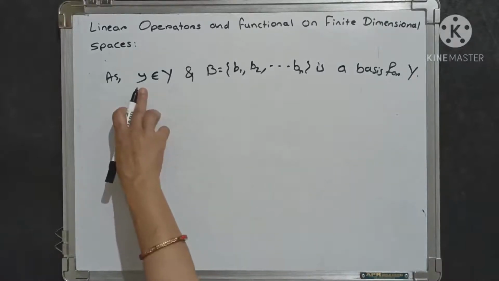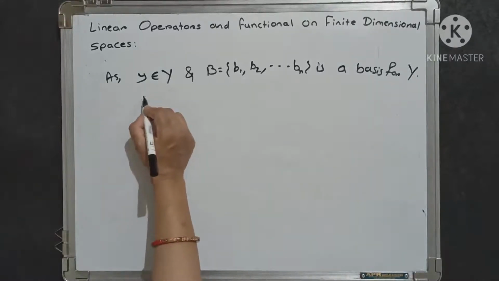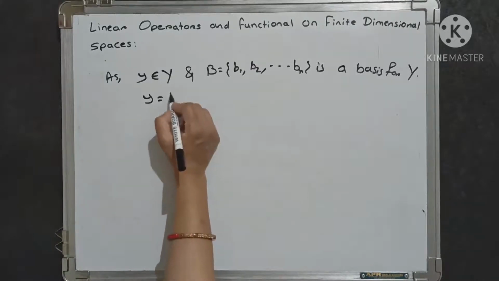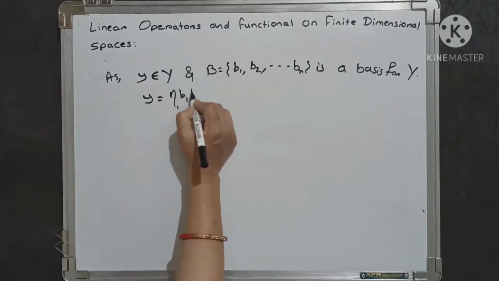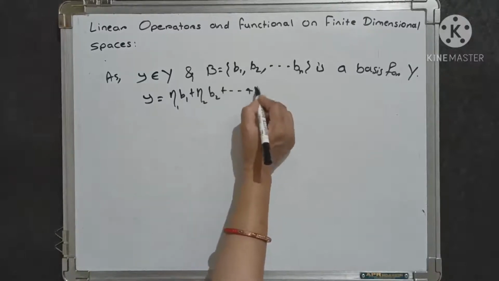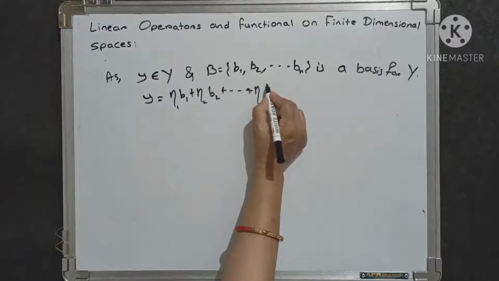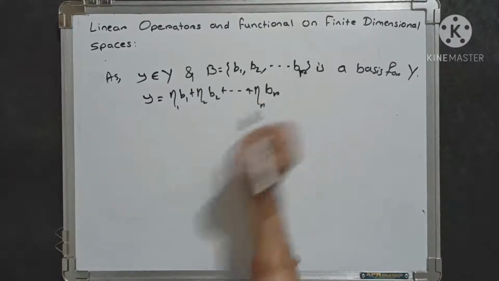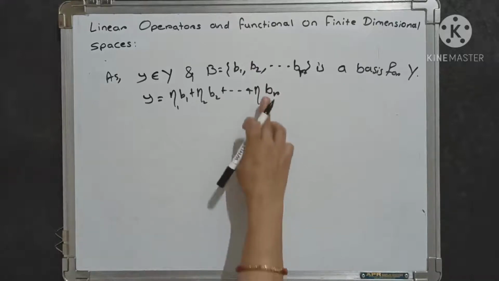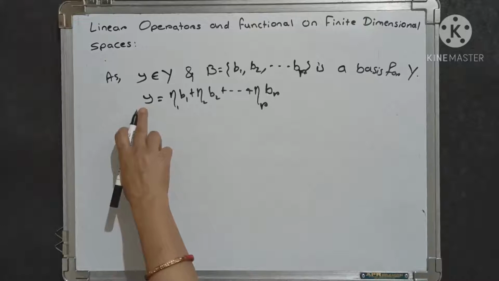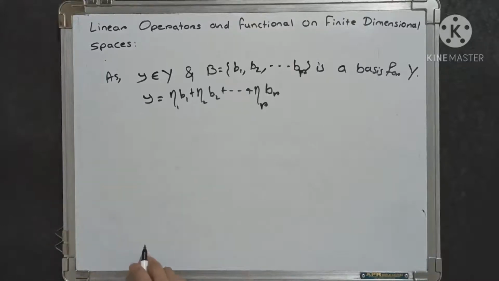Therefore this small y has a unique representation: y equals eta 1 b1 plus eta 2 b2 up to plus eta r br. This is the unique representation for y.